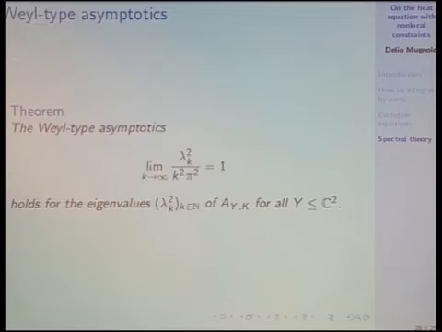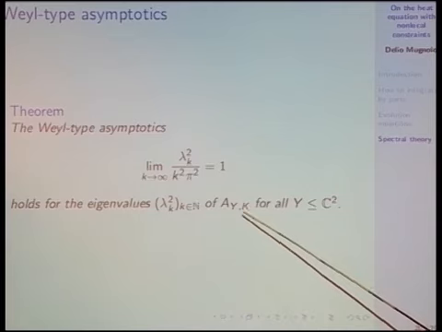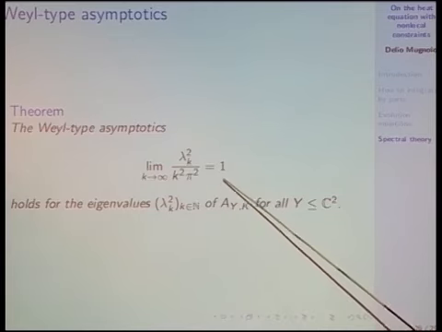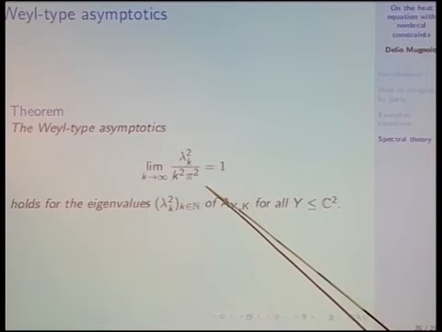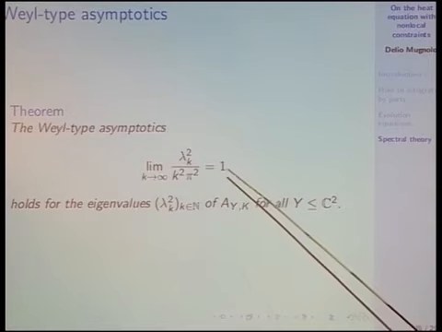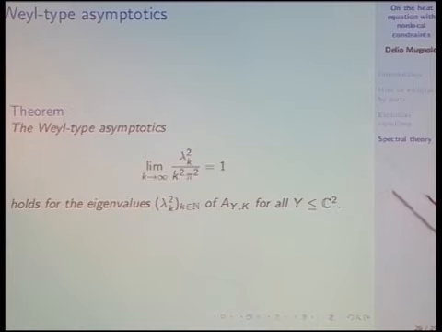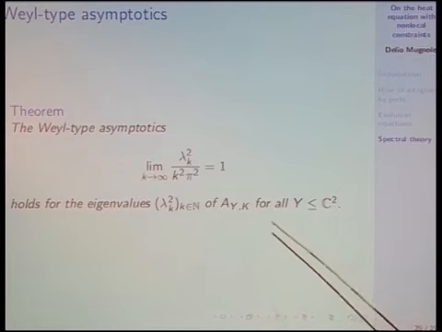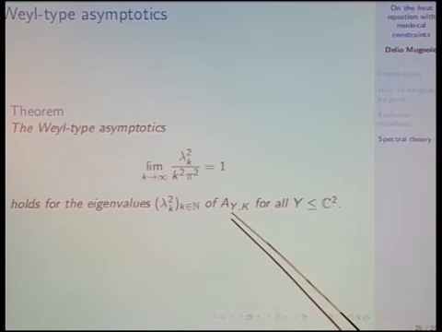So you have Weyl type asymptotics. I mean, this is exactly what you expect because this holds for the second derivative with all possible, reasonable at least, boundary conditions. So it holds for Dirichlet, for Neumann, for Robin, for dynamic boundary conditions, and so on.